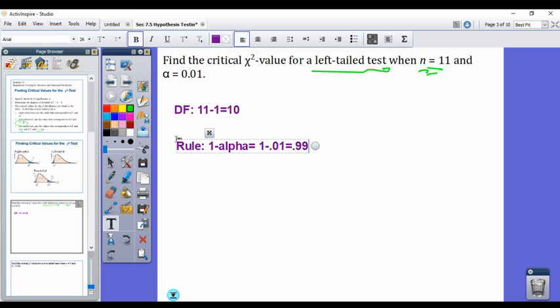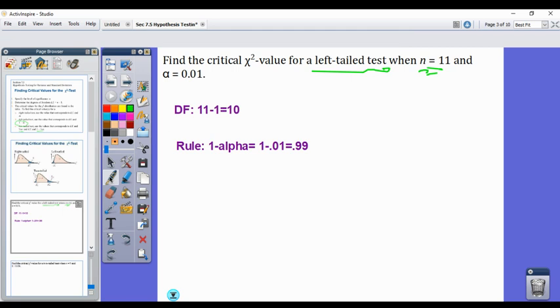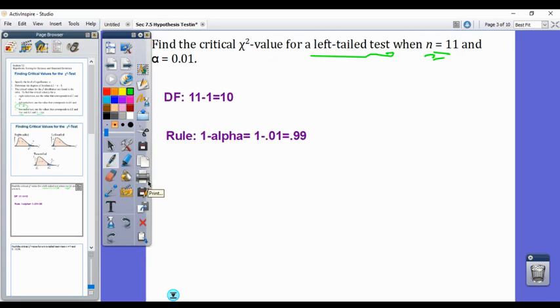Then you go to the back of your textbook, to the chart on page A17 or 18. You go down to 10, and then over to 0.99. And if you do that, you're going to get a chi-squared value of 2.558.